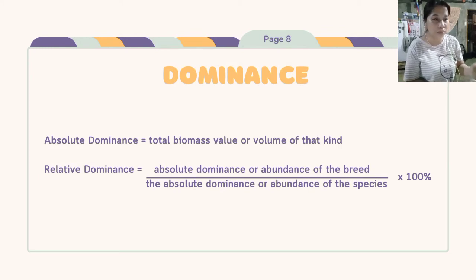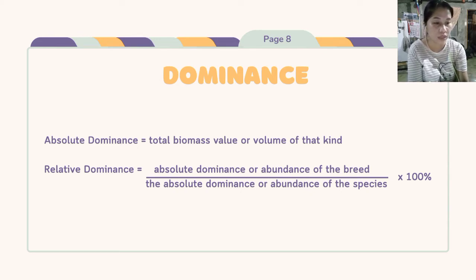The next topic to be discussed is about dominance or abundance. Absolute dominance or absolute abundance is the total biomass value or total volume of a specific organism or plant in the area.